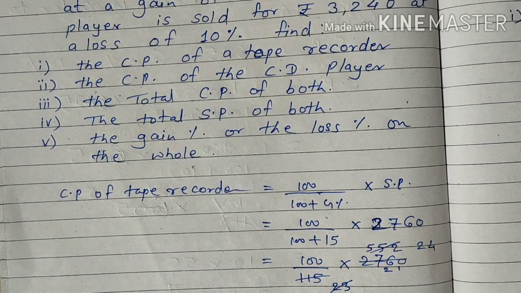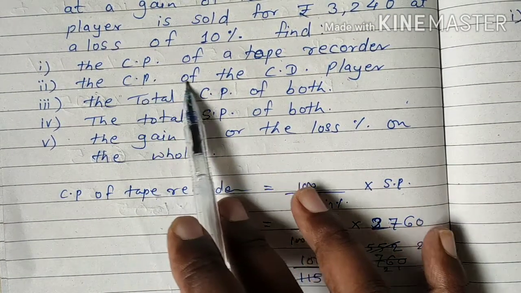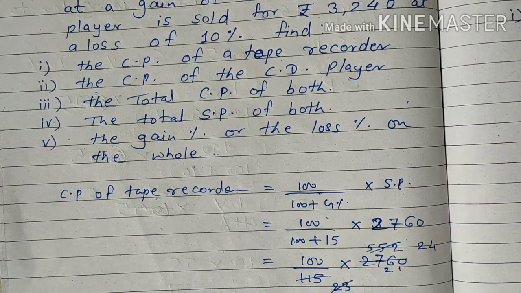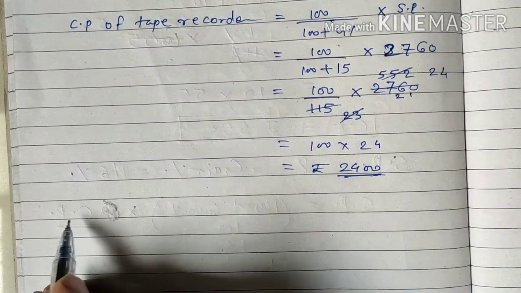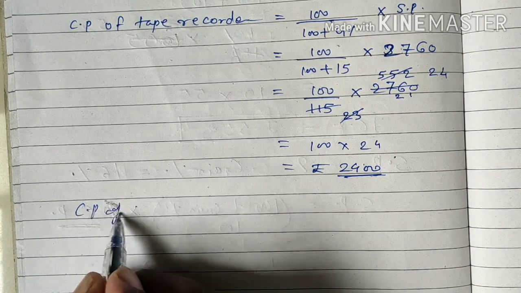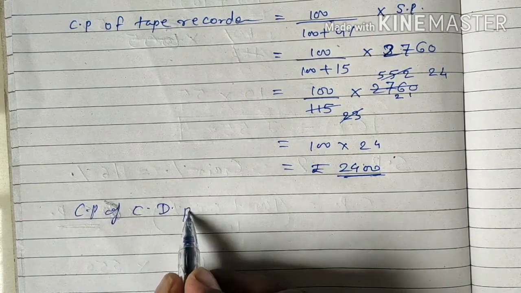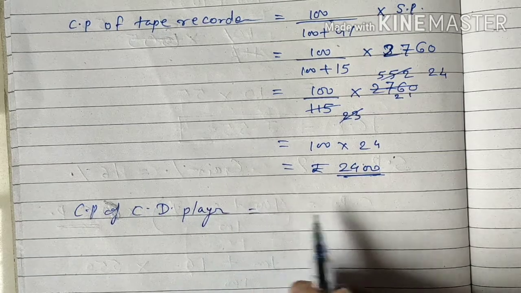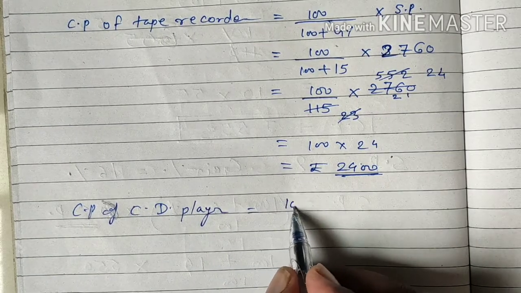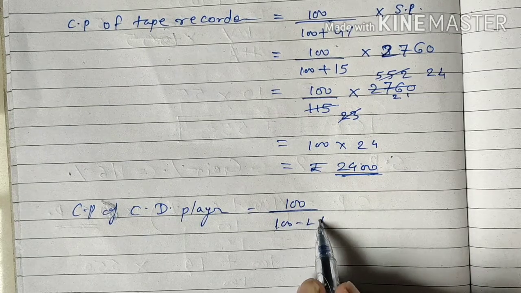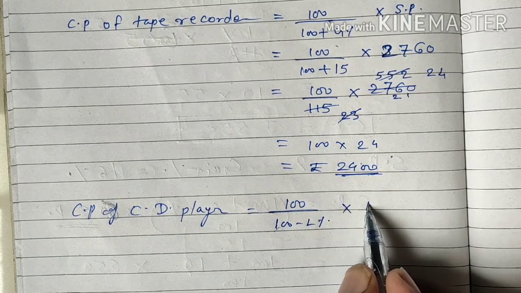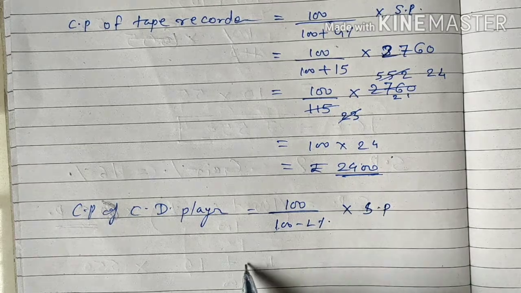Okay. The second thing that we need to calculate is the cost price of the CD player. For the cost price of the CD player, loss is there. So it is 100 upon 100 minus loss percent, multiplied by SP.